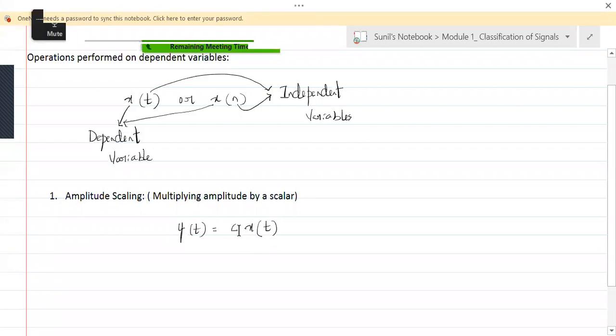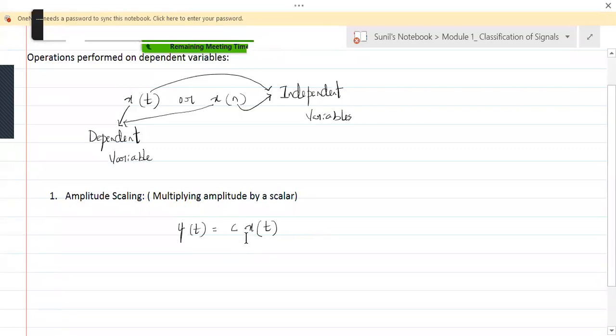If this c is a number greater than 1, what would happen? What would happen to x of t if this c is greater than 1? So the x of t may become 2x of t or 3x of t. Multiplying the signal amplitude by a number greater than 1, are we not increasing the amplitude?